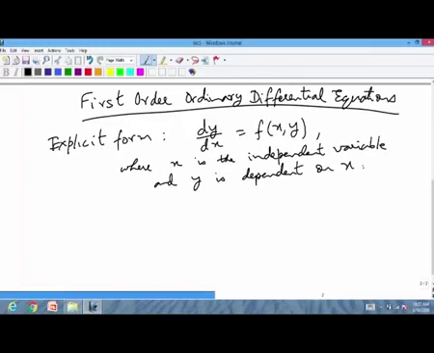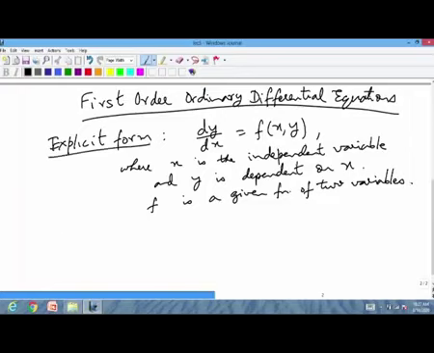So, dy dx, the derivative of y with respect to x, is equal to some given function of x. F is a given function of two variables. So, this is explicit form.